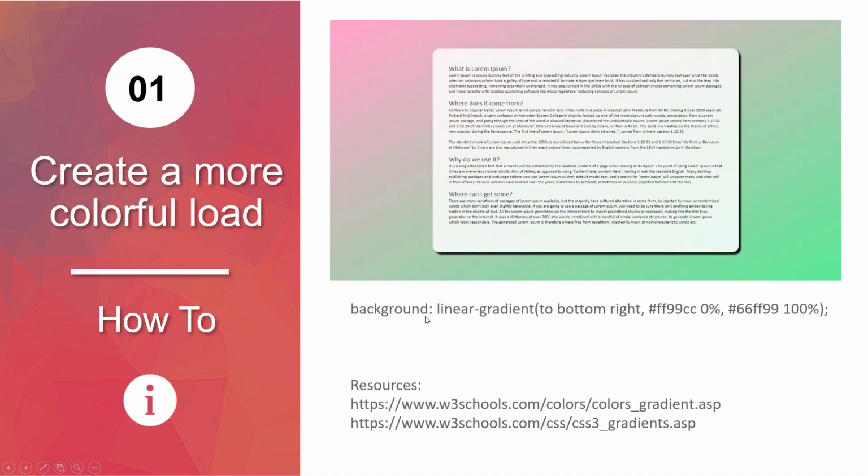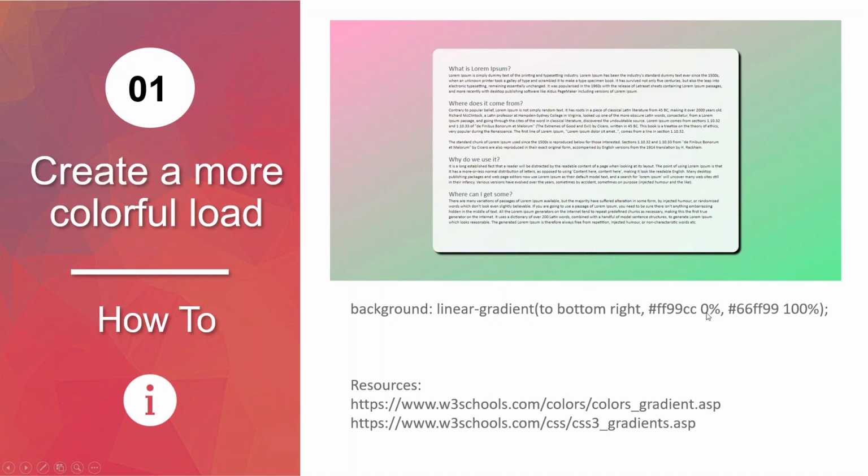But this is the CSS tag, background, and you're going to call the linear gradient and specify that. You can tell whatever direction you want your gradient to go. It can be to left or to right, to top right, top left, what have you. It's again the direction of your gradient there. And notice here it's going from the top to the bottom right, where my first color is this. This is the pink one.